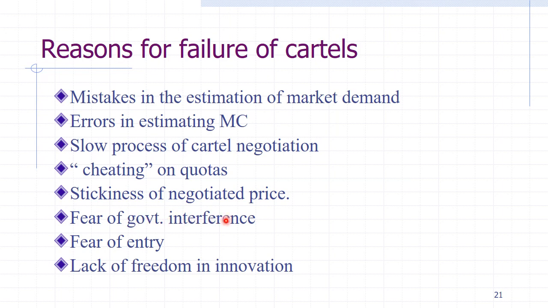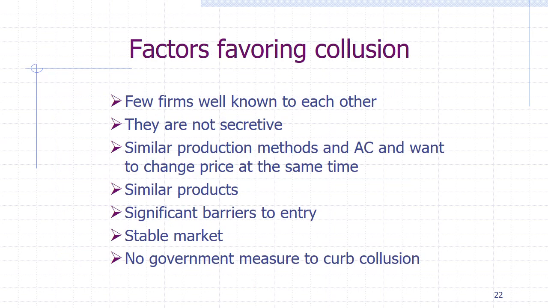It means the price may be very rigid. Fear of government interference, fear of entry barriers, lack of freedom in innovations. So these reasons can cause the failure of cartels, as well as sometimes these kinds of cartels are favored by some people.